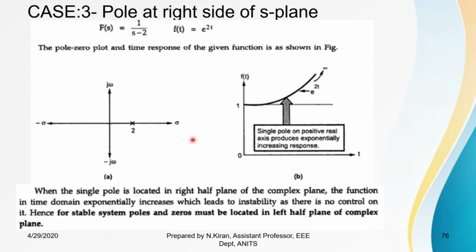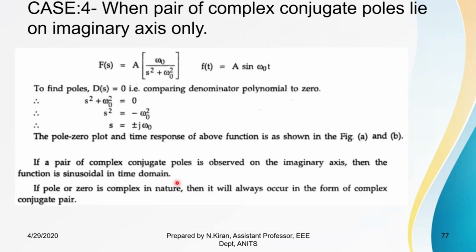So if the poles are located on the right hand side of the s-plane, the system is unstable. For a system to be stable, all poles and zeros must lie on the left hand side of the s-plane.